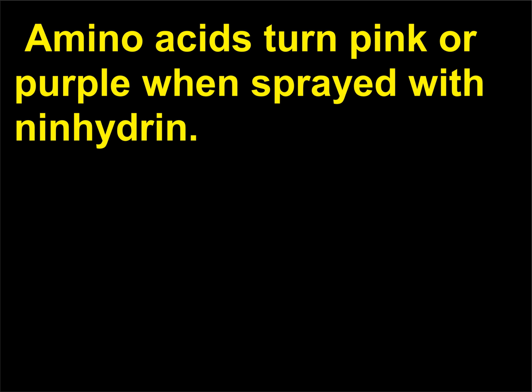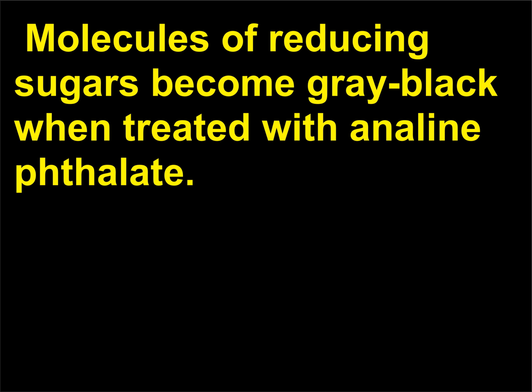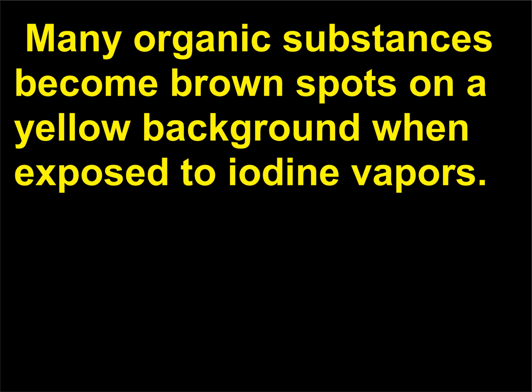Amino acids turn pink or purple when sprayed with ninhydrin. Molecules of reducing sugars become gray-black when treated with aniline phthalate. Many organic substances become brown spots on a yellow background when exposed to iodine vapors.